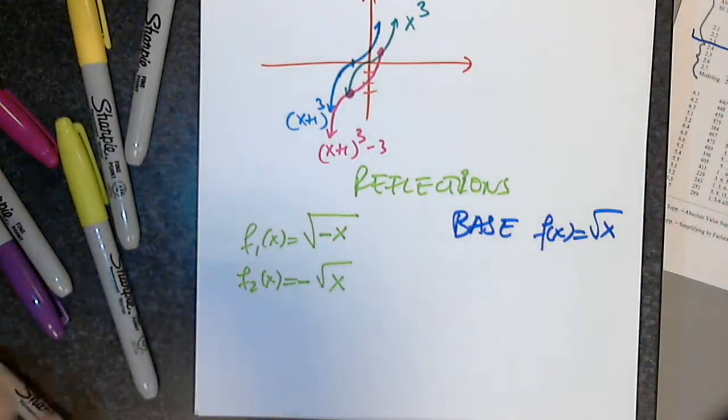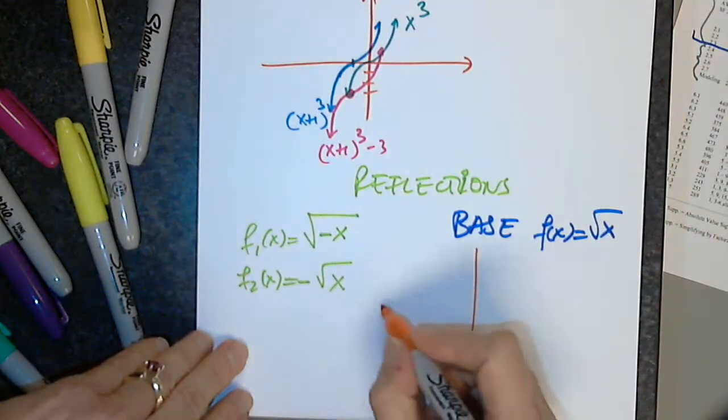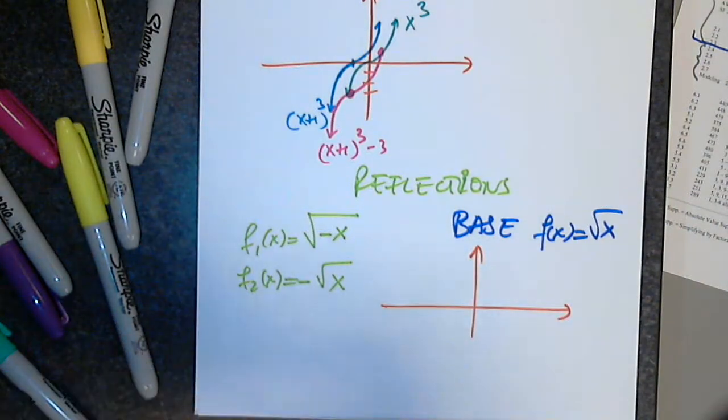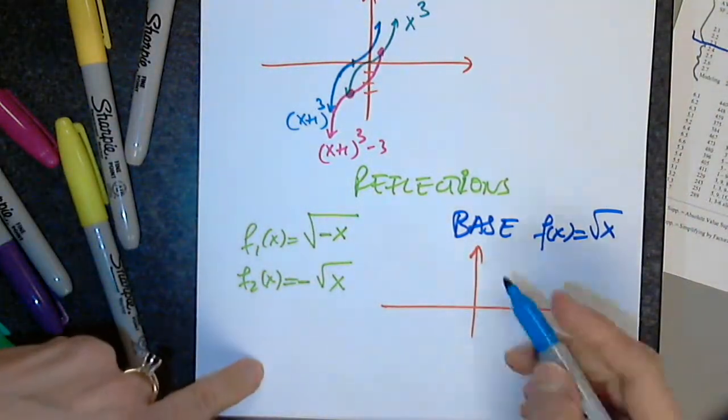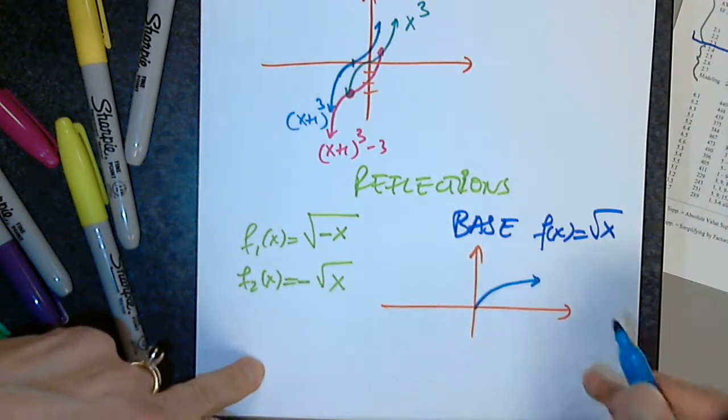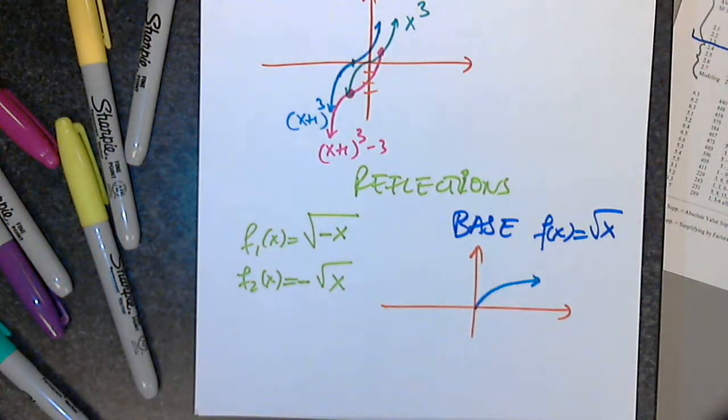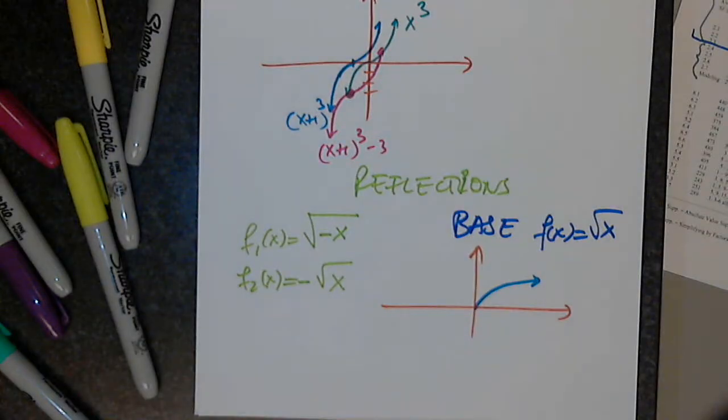Very good. So I graph the square root of x, which is this function. Now you understand that if we don't know how the square root of x looks like, there's no point in discussing transformations. How can I envision anything or imagine transformations if I don't know how to graph the square root of x?